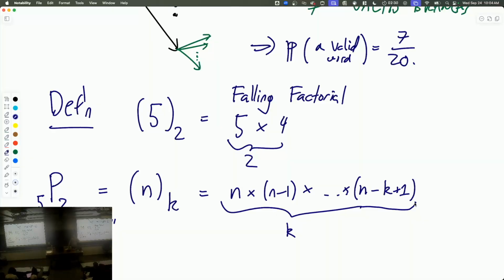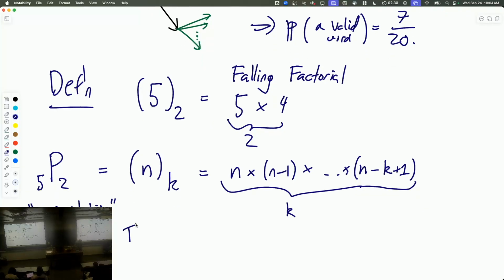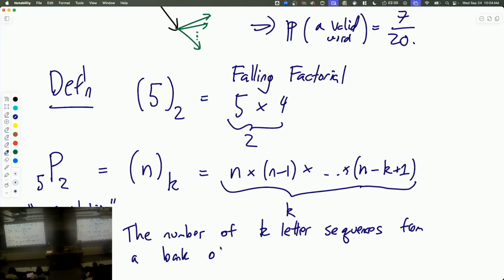Yeah. OK. So the falling factorial is used to count the number of k-letter sequences from a bank of n letters.